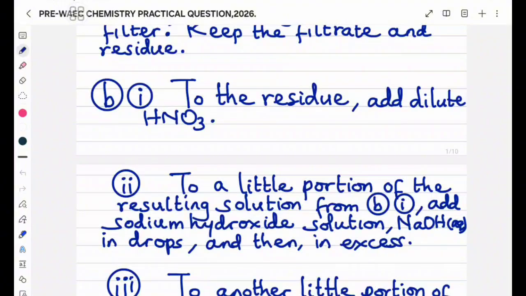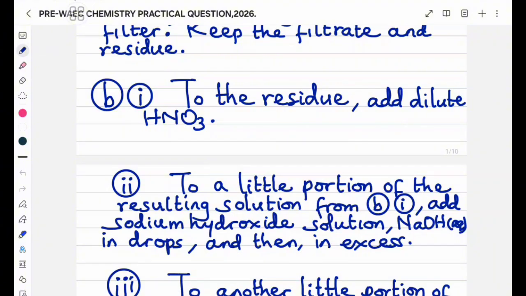To the residue, add dilute HNO3, that is trioxonitrate(V) acid, or simply put, nitric acid. I would like to explain something here. If a solid does not dissolve in water, which is a common solvent, and there is a need to carry out a test on the solution of that solid, then the next thing that they will have to do is to add acid so that it can give a solution of that solid which does not dissolve in water.